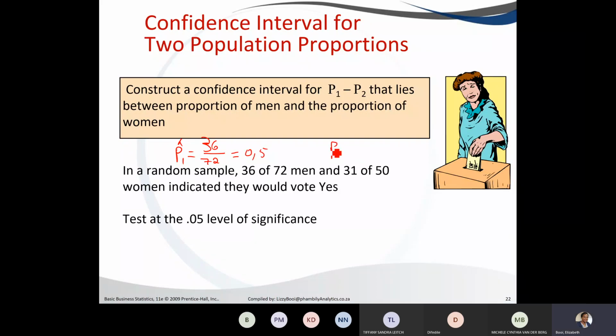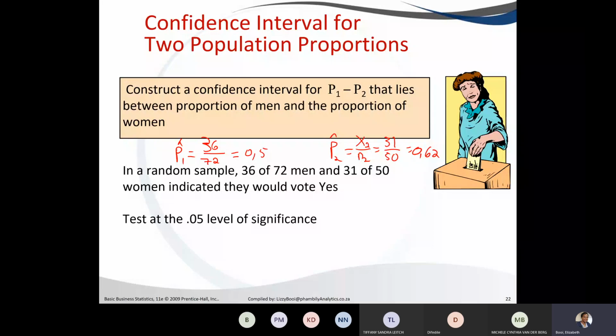We also calculate the point estimate 2, which is given by x2 divided by n2, which is 31 divided by 50, which is equal to 0.62.